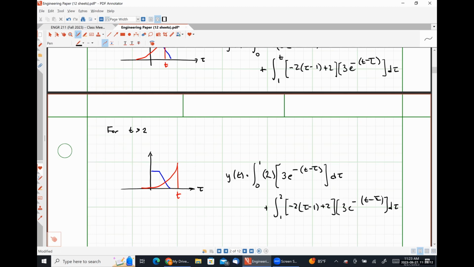We don't need to worry about anything past 2 because our blue function is 0 for all t past 2. So that's why our integration effectively stops at t equal to 2. And math that up, put the results together, and call it a day.